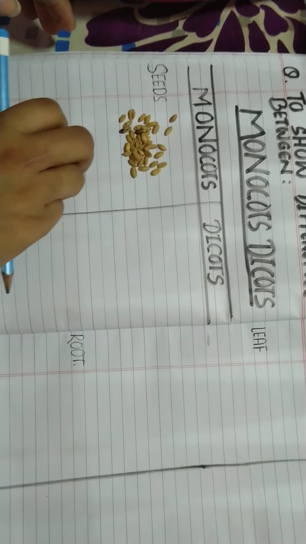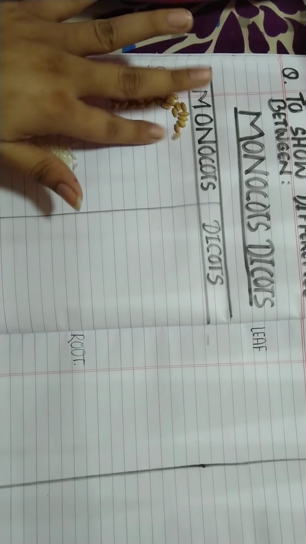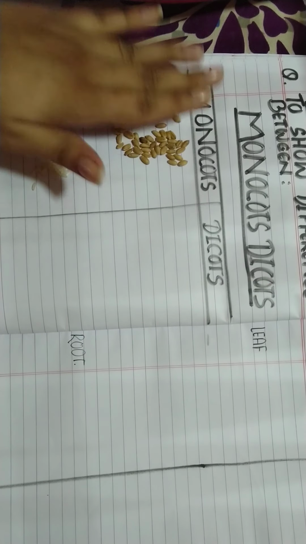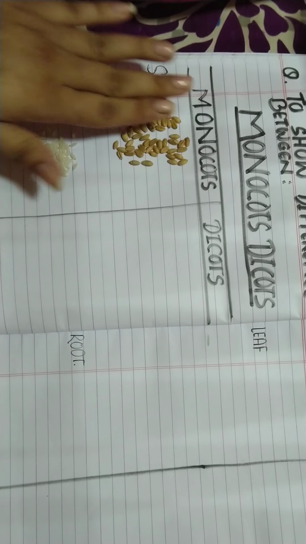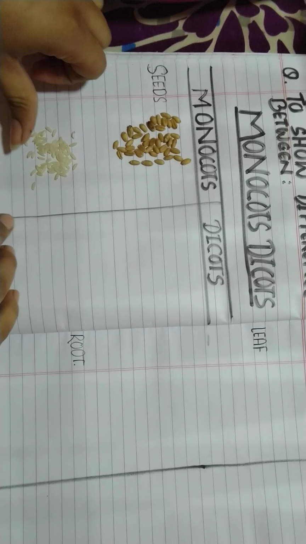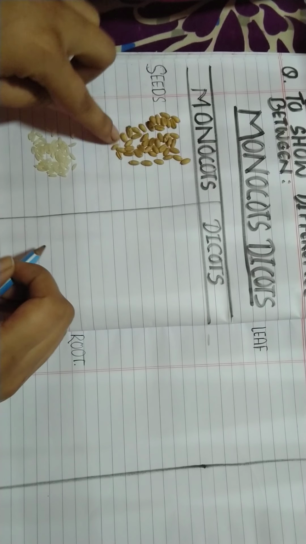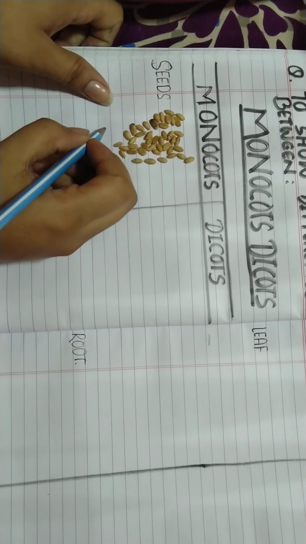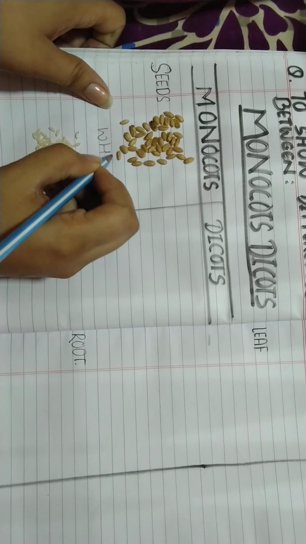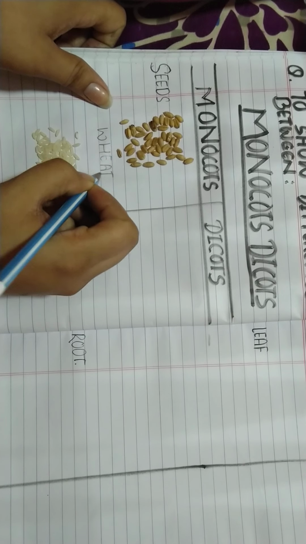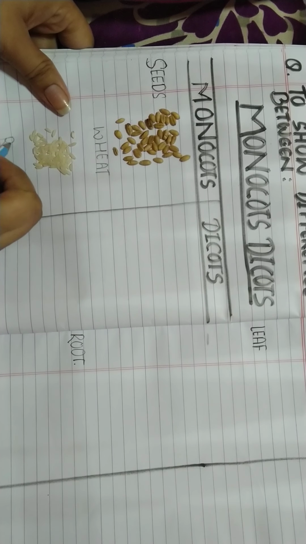If you have glue at your home, you can add glue and then paste it so it will not fall. And then you can paste this rice also, and then you have to write the names here, like wheat seed, wheat, and then you can write here rice.